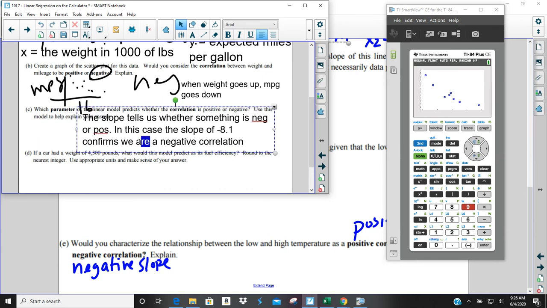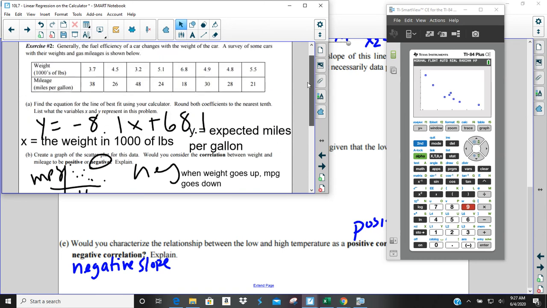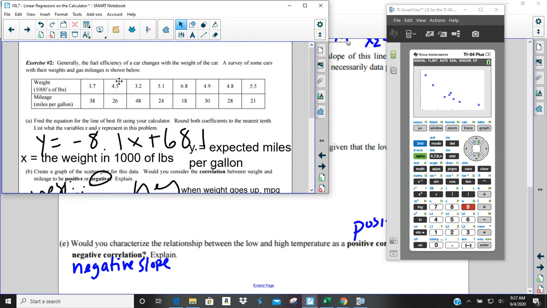How about that? Finally, if a car had a weight of 4,300 pounds, what would this model predict as its fuel efficiency, rounded to the nearest integer? Now be careful. Remember, our data had it in thousands of pounds. The data was in small numbers.